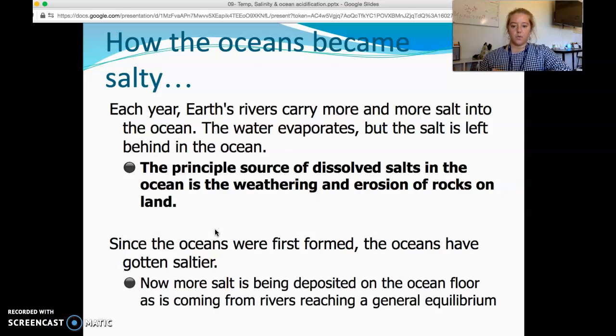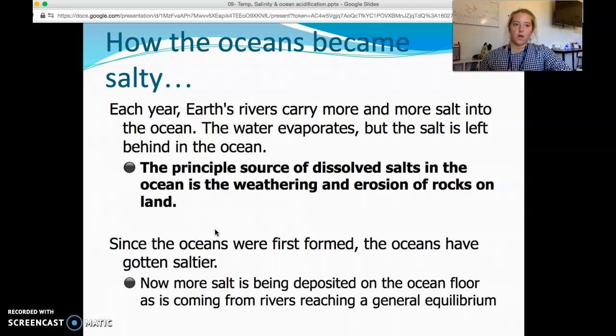So the principal source of dissolved salt in the ocean is actually because of the weathering and the erosion of rocks on land. So if we didn't have rain, our ocean wouldn't be salty. So since the oceans were first formed, they have become saltier. Now more salt is being deposited on the ocean floor as the rivers reach a general equilibrium.